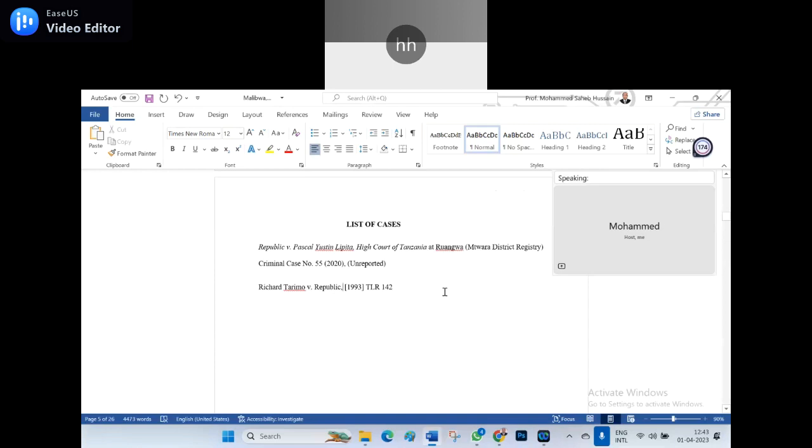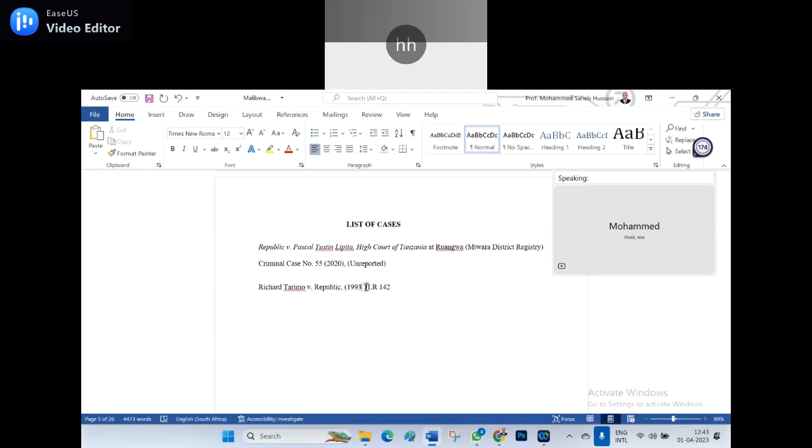Is it a Tanzania Law Report? Tanzania Law Report never goes with the square bracket. Square brackets we don't use. Square brackets we use only where there are volumes.